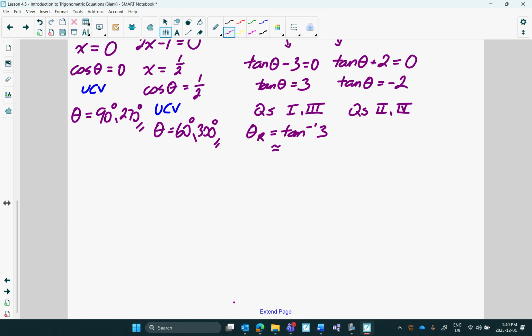Your steps are still right. Like I said, if you put just theta, that's a communication error, because it's the reference angle you're finding. How would I find the reference angle here? Tan inverse 2. Remember, you always have to make it positive.